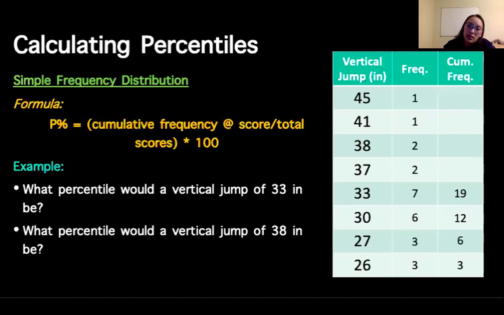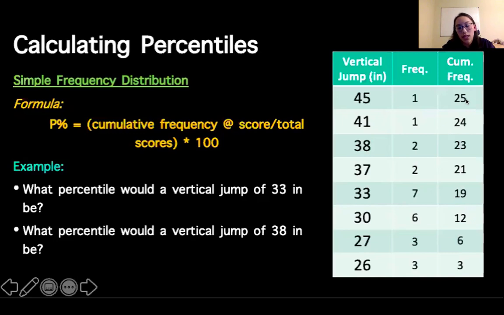People who jumped at least 37 inches would have a cumulative frequency of 21, and so on and so forth till we get to the end of our distribution, okay? And the number at the end, at the best score, should be equal to the sample size that you collected.